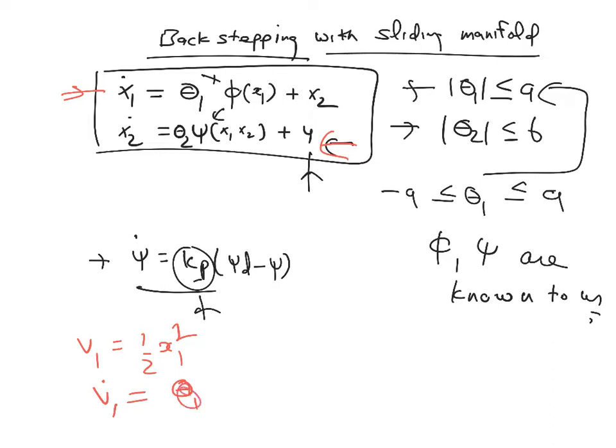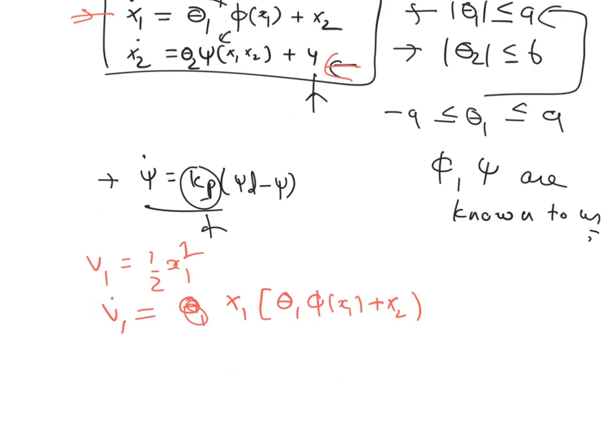So it will be x1 into theta 1 phi of x1 plus x2, right? So it will be x1 theta 1 phi of x1 plus x1 x2, right?